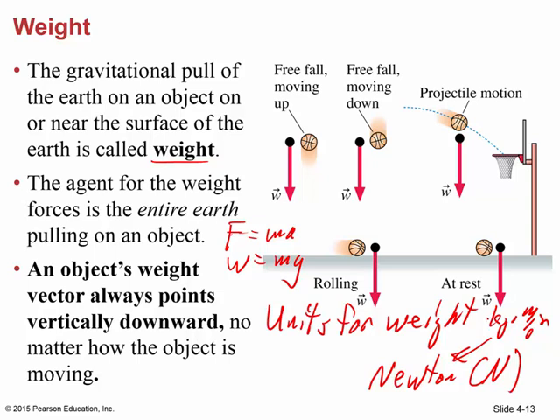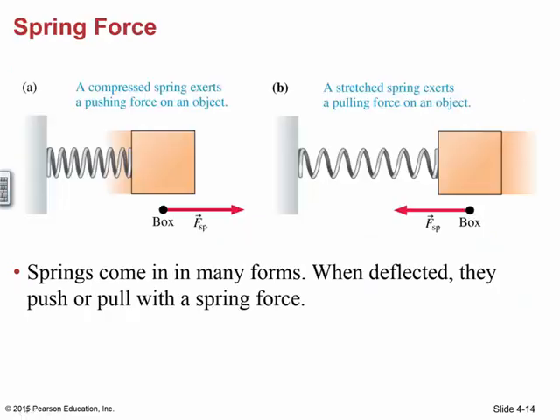It's a capital N. And it is defined as the amount of force required to cause a 1 kilogram object to accelerate at 1 meter per second squared, okay? All right, so that's how we define Newton. So the unit for weight is newtons. It's not pounds, okay? That's the English unit.